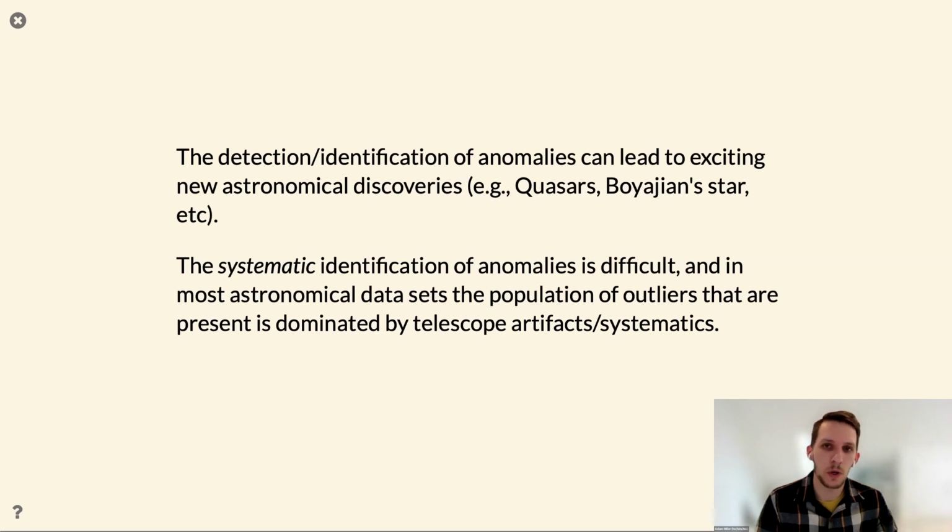That being said, I will also note that the systematic identification of anomalies is quite difficult. And in most data sets, the population of outliers that you will find are likely to be caused by telescope artifacts. So I'll just tell you that while this is all very exciting work, it is hard work.